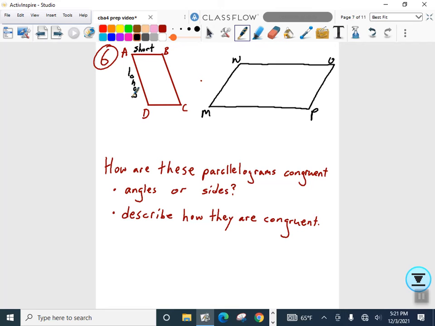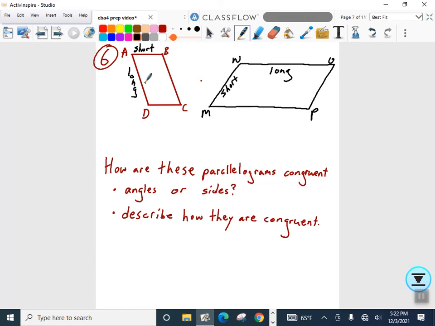And that's okay. There's nothing wrong with that. So we just label. So we could see that A to D over here, A to D, that's the long edge, and A to B, that's the short edge.